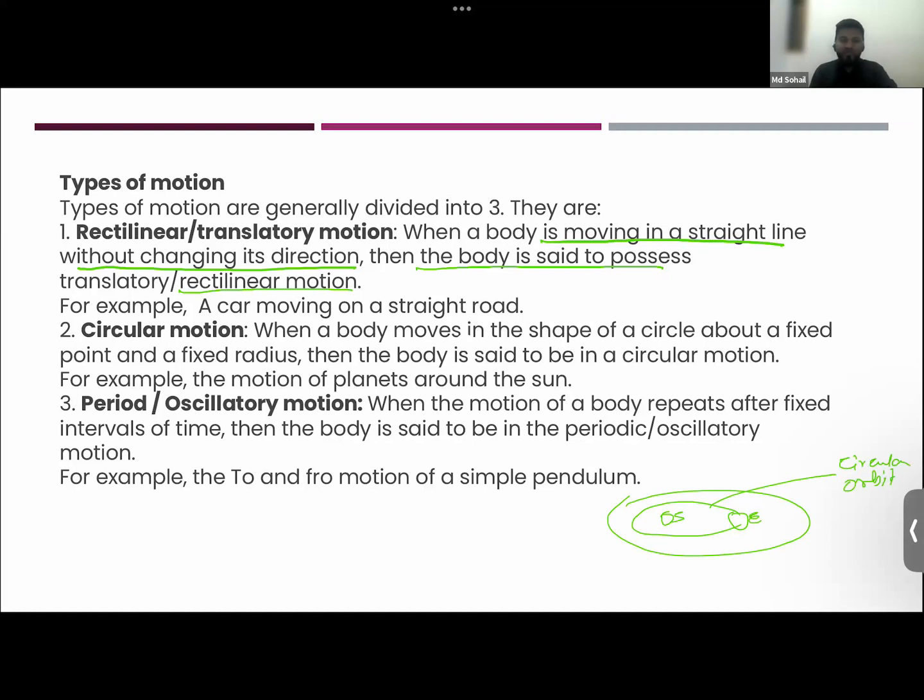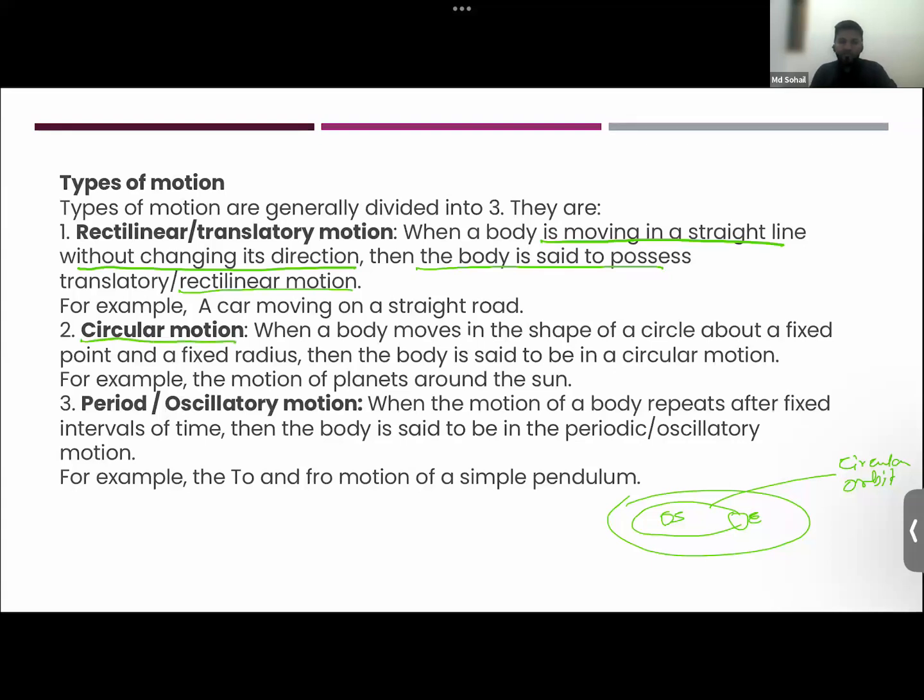The revolution of Earth around the sun is an example of circular motion. Other examples are children playing in a merry-go-round, or the motion of the pedals of a bicycle. These are all examples of circular motion.